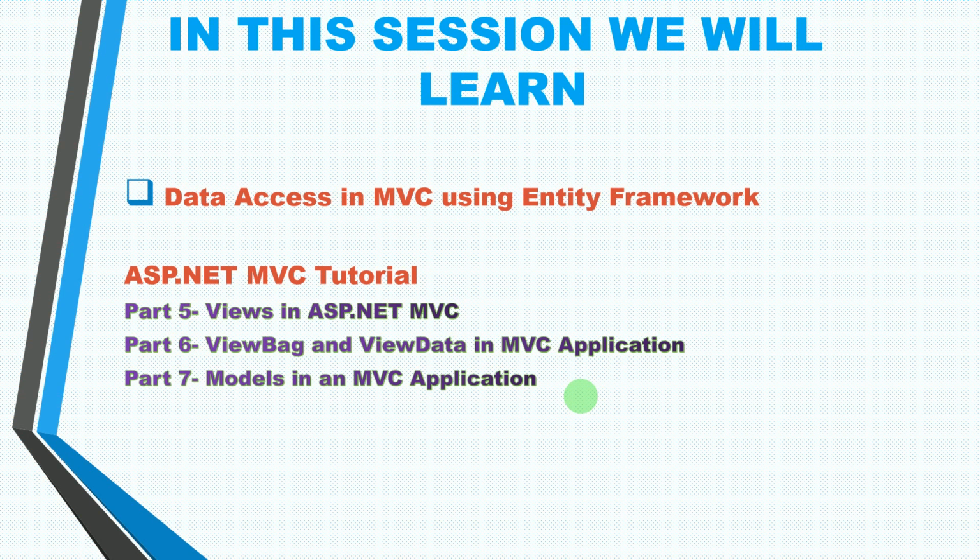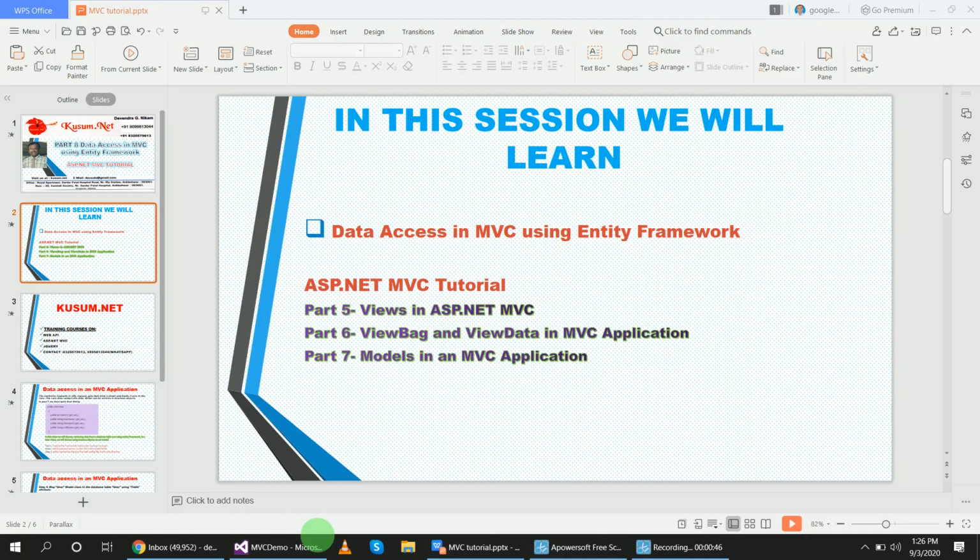In the previous video, part 7, I was using a model to display the data. The data comes from the model class and is given to the view using the controller, and it displays whatever data we provide.